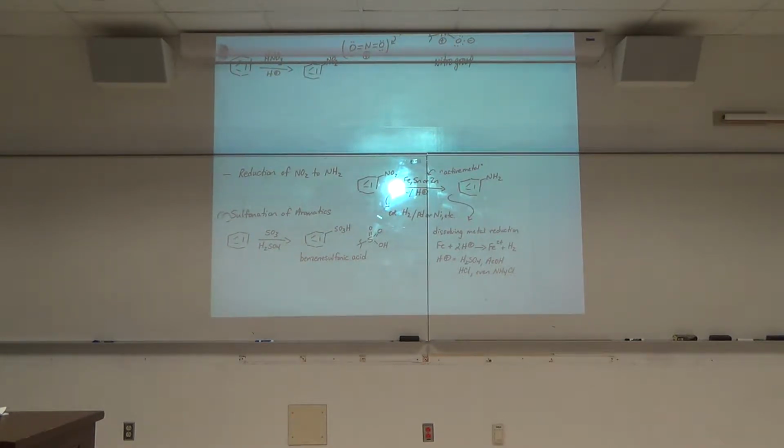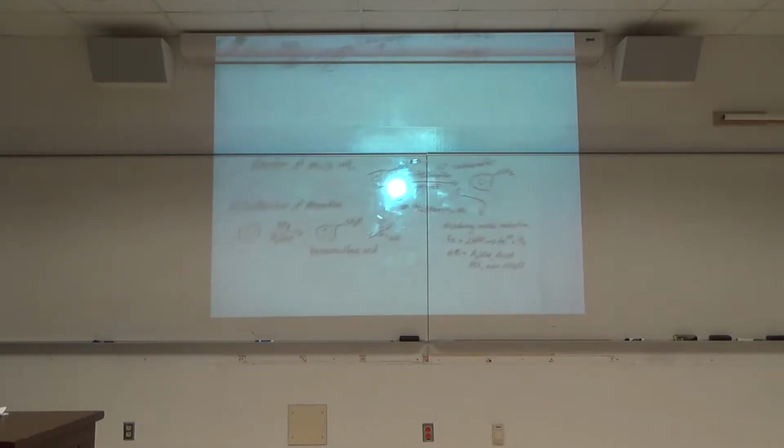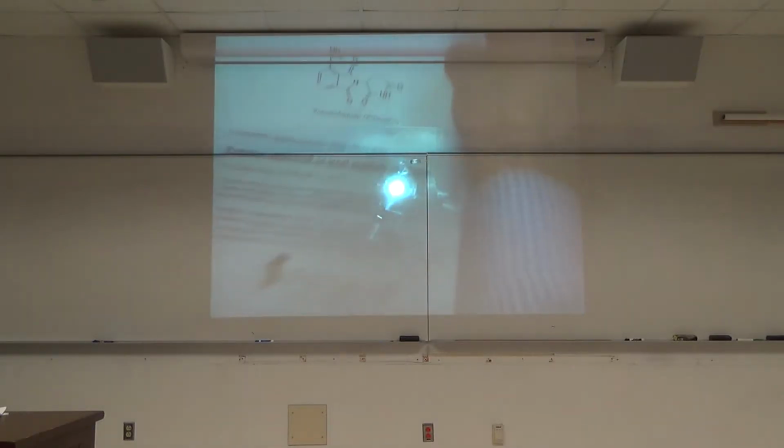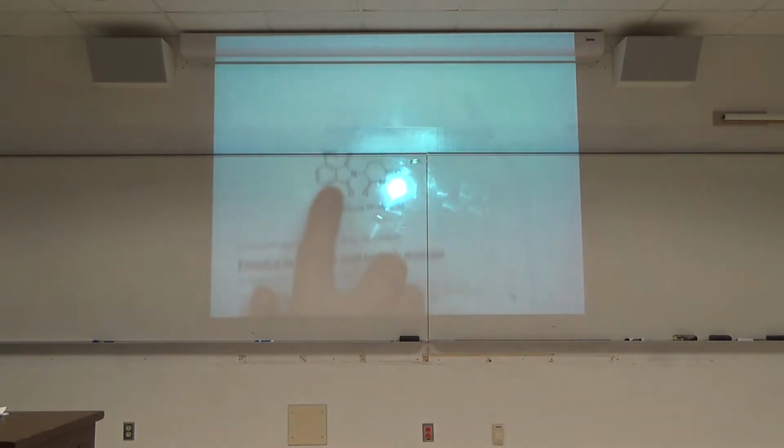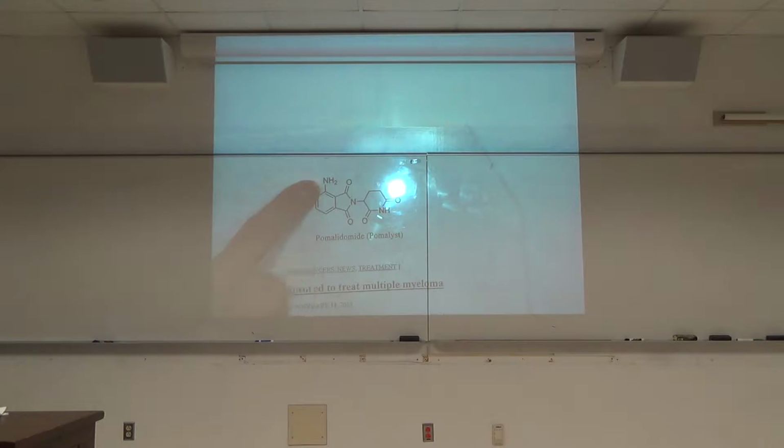Most common way to get an amino group on a ring. Look on the flip side, you'll see a drug that has an amino group over here. First off, anybody recognize the compound without the amine? That's thalidomide. I gave you a handout about thalidomide in Organic 1. Remember thalidomide?